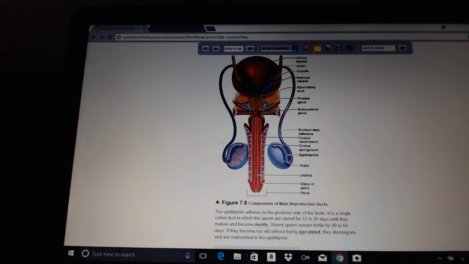But here we can see, when we look at the penis, there are chambers called the Corpus Cavernosum and the Corpus Spongiosum. Those two areas have miles and miles of small vessels, and there's also connective tissue that surrounds them.